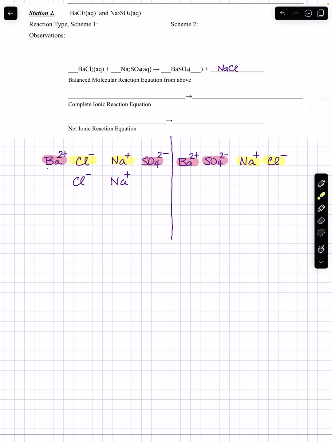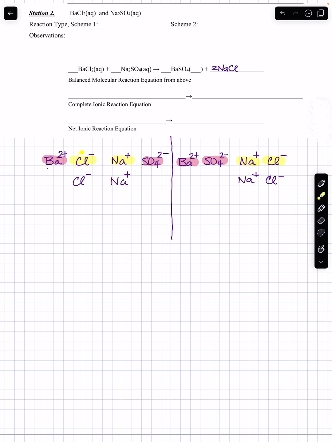I need there to be two. So what I can do then is I can put a 2 in front of the formula for sodium chloride, and now I'm going to have two chloride ions. I'm also going to have two sodium ions, just by adding this little 2 up here.